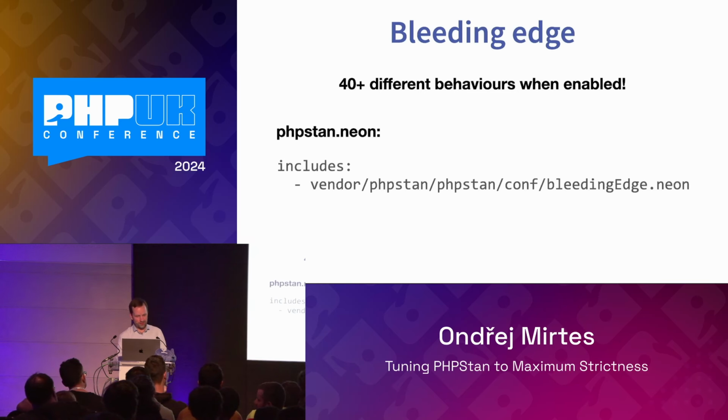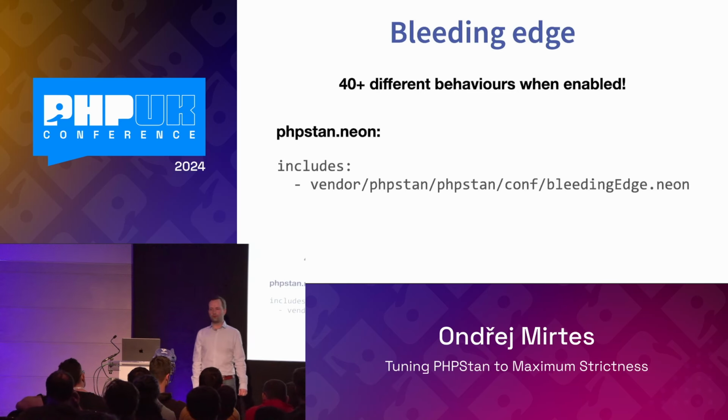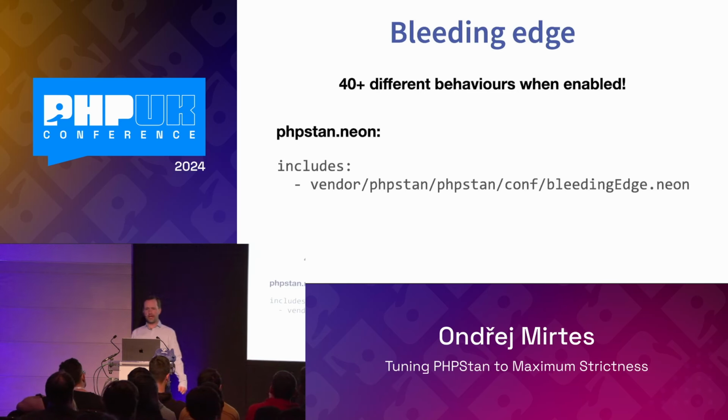So the point of bleeding edge is that when I'm working on the next major version, which is PHPStan 2.0 right now, I don't want to work in a separate branch. Instead, I release the code inside the current stable release, but it's behind feature toggles. It's off by default.